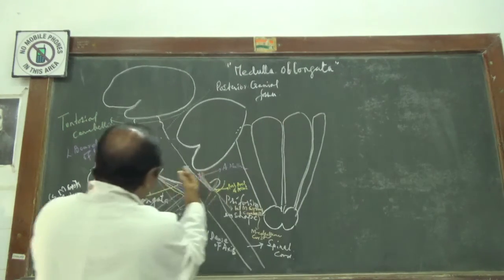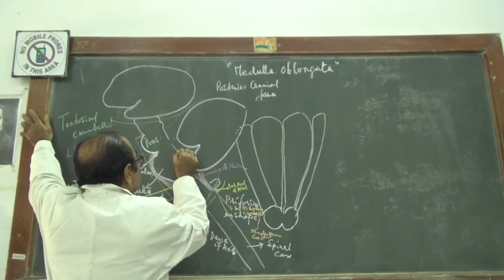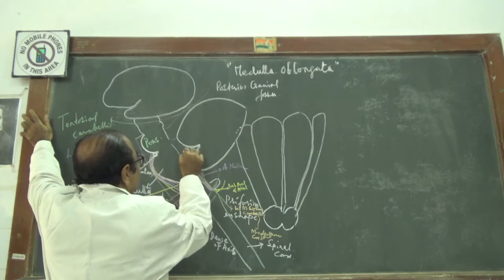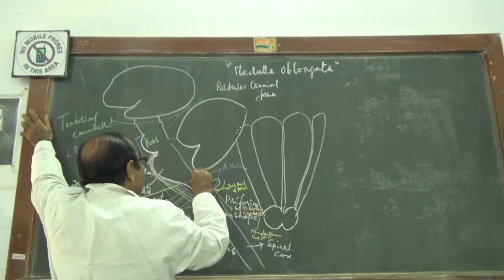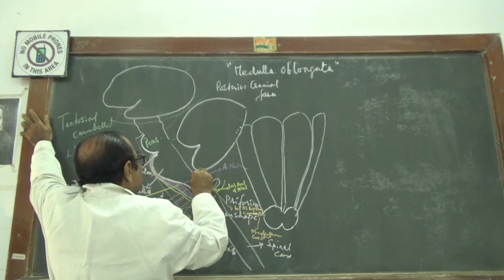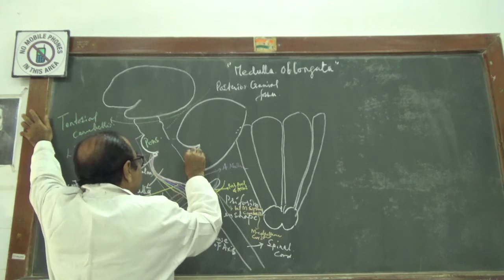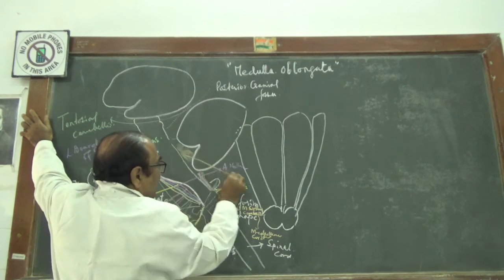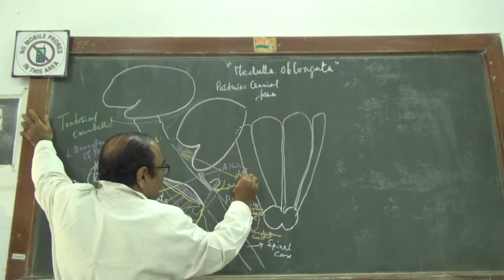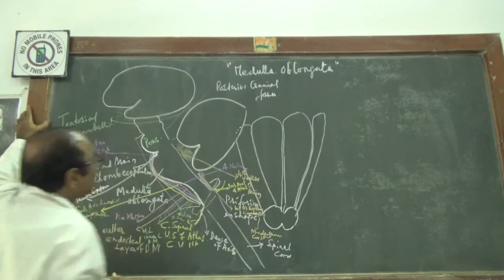Now this medulla oblongata, which will be there here, forms above and behind, but below and in front, the posterior surface of the medulla oblongata and the anterior surface of the cerebellum have got one small gap. That gap is called the fourth ventricle of the brain. It is a cavity.